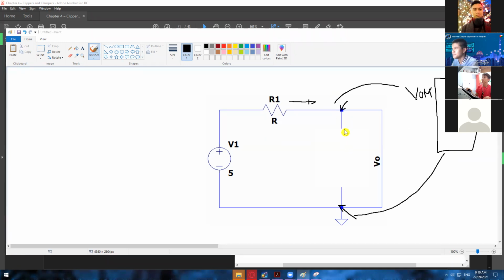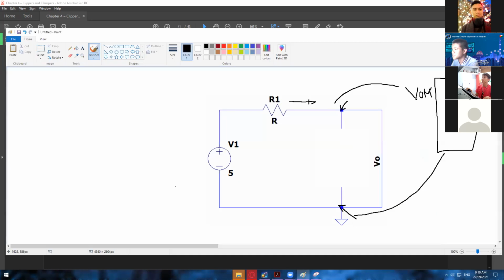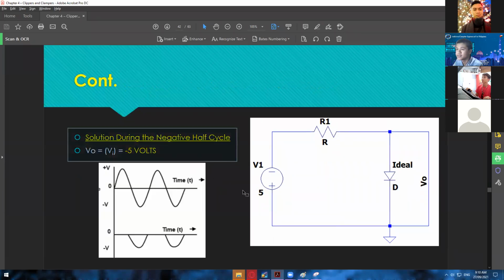So you could simply say that during the reverse bias, all of our voltages will flow on this VOM right here. So that is why we have a reading of positive 5 volts. Okay, but my bad.